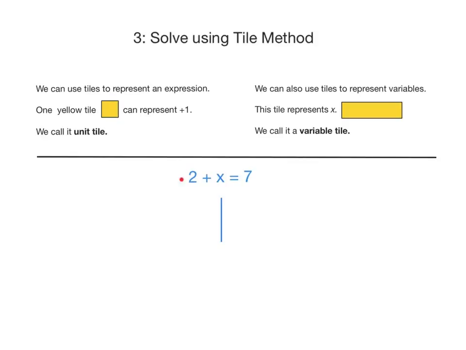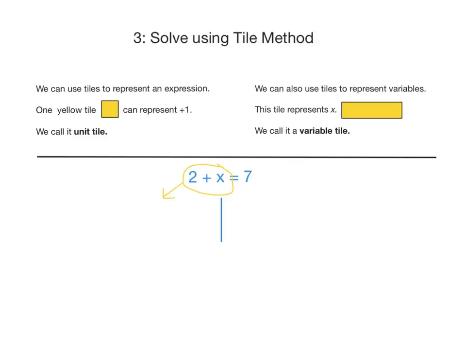Before we get started on an example, this tile method should look really familiar to you from your integers unit. Alright, so how can we begin to solve the equation 2 plus x equals 7 using this tile method? In order to solve this, we're going to have a left side and a right side. On the left side here, we're going to put tiles to represent our 2 plus x, things that are on the left side of the equal sign.